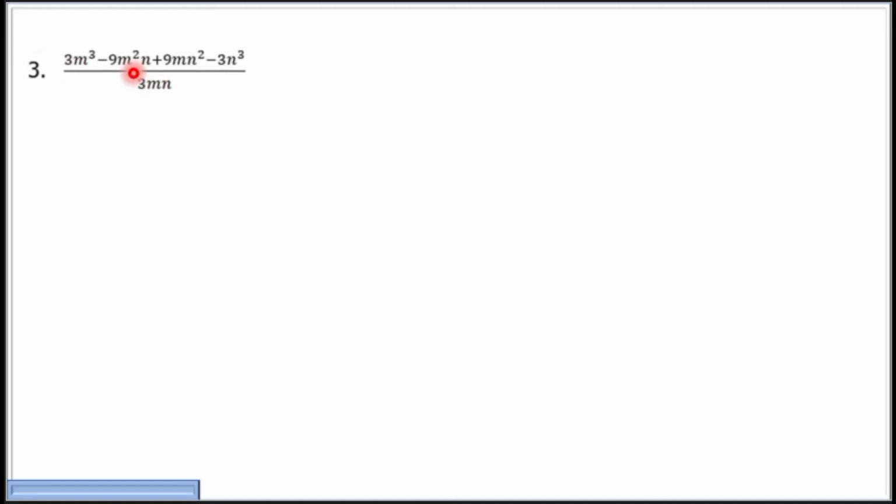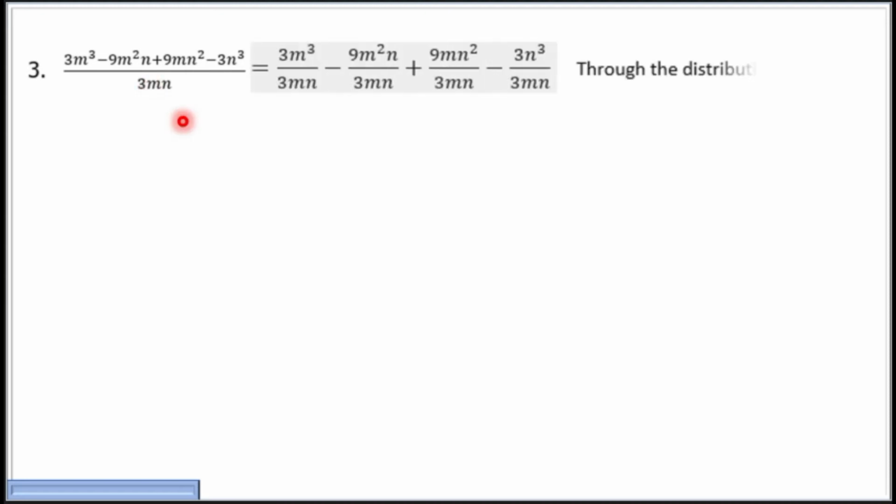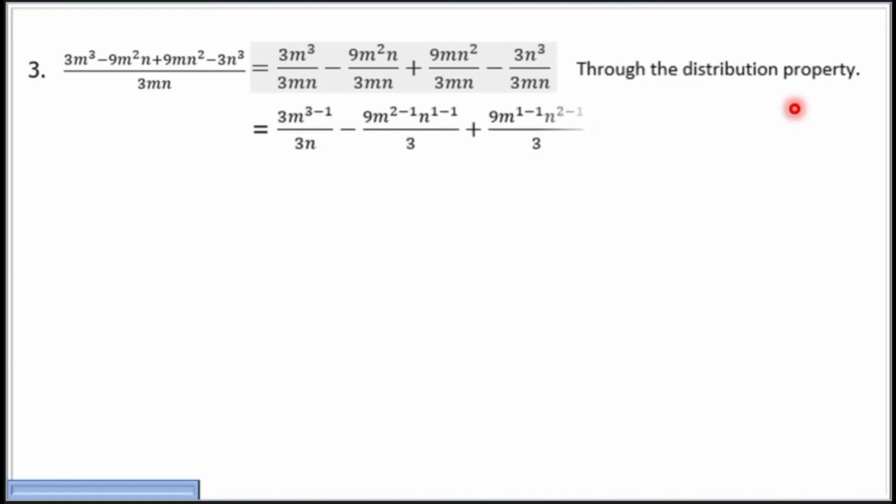Kada usa nila, first term, second term, third term, fourth term, ang ilang denominator is the same, 3mn. So bungkagon ra nato. So unsay operation dire, 9m squared n, plus, kay plus man dire, and so forth. So tagsa-tagsa na, that is through the distribution property.